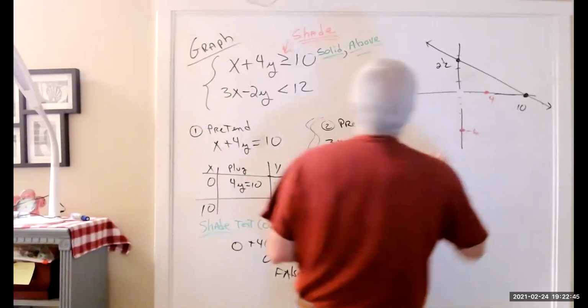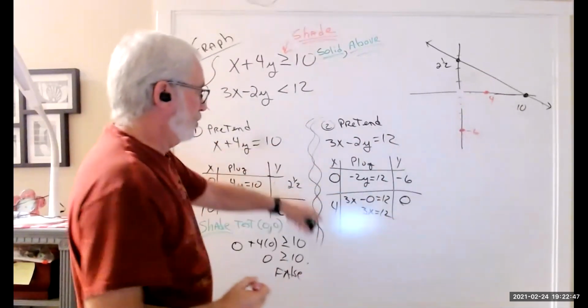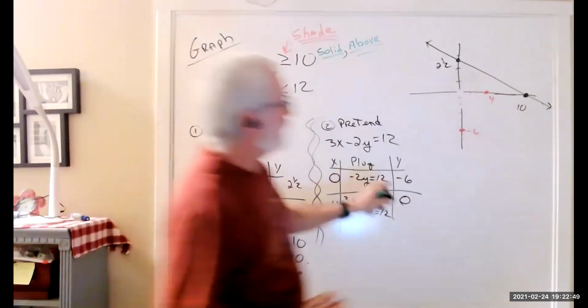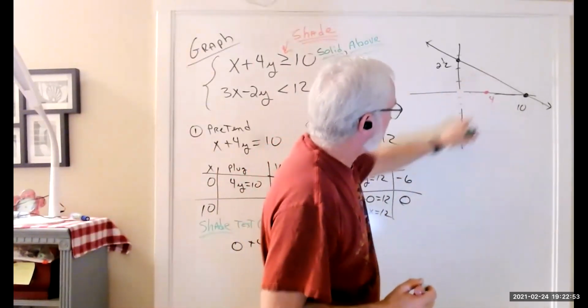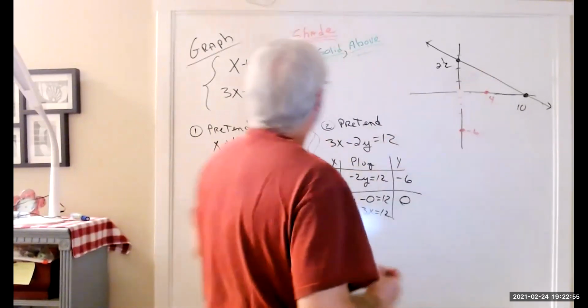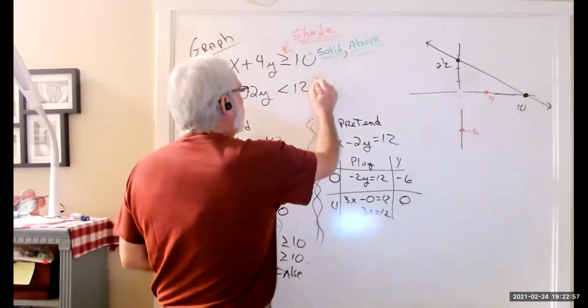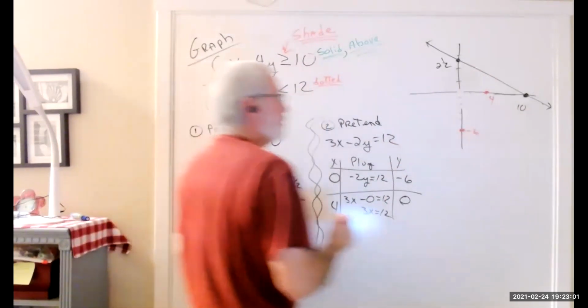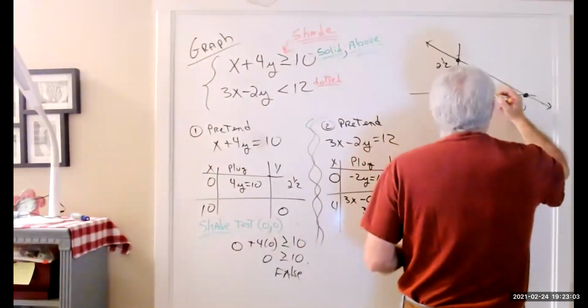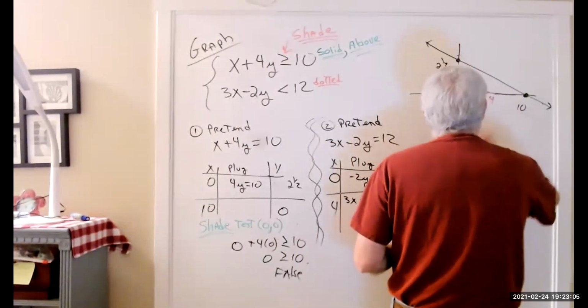Okay, so now for this line, I can see where the line's supposed to go between that point and that point. But I also know that this is going to be dotted. So I make little notes to myself over here. So it's going to be dotted.